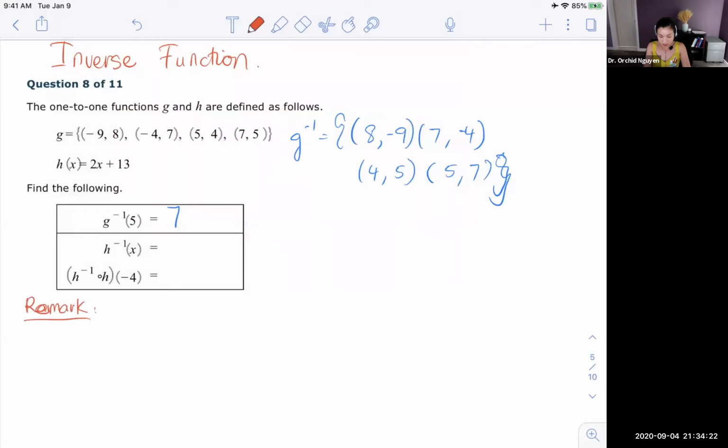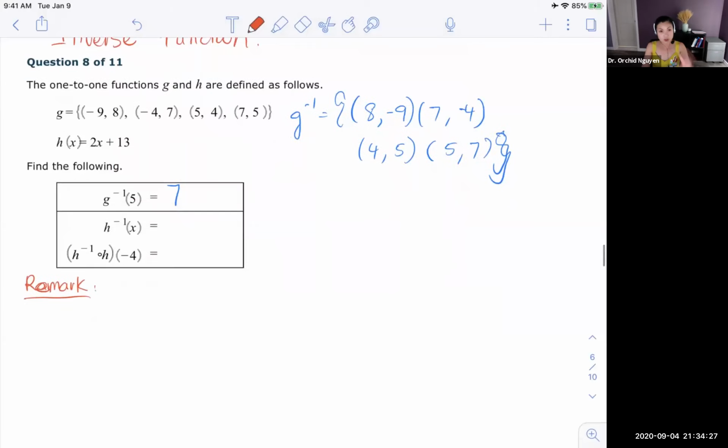If you do the composite of the function and the inverse, you should get back to x. What I mean is f inverse compose f of x is exactly the same as f compose f inverse of x, and you get back to x. That's how we check for the inverse.